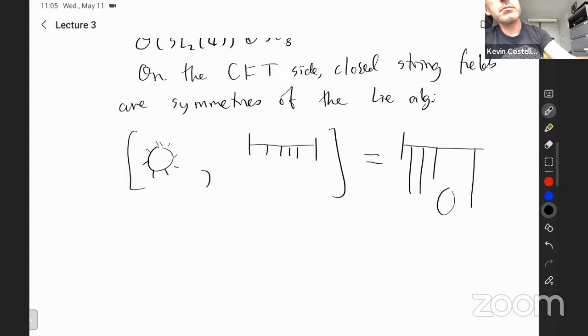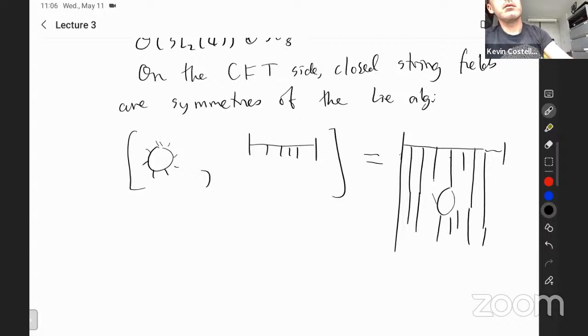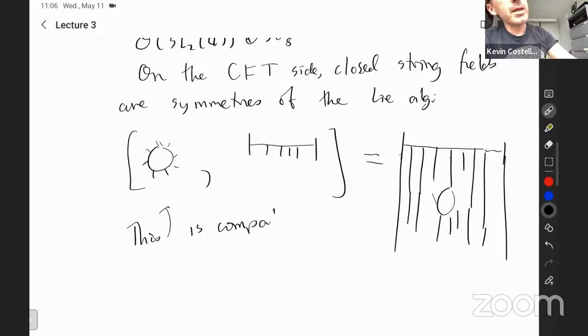This kind of thing. And you can check this is compatible with the Jacobi identity.